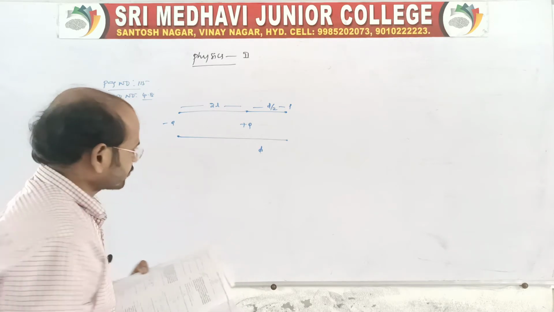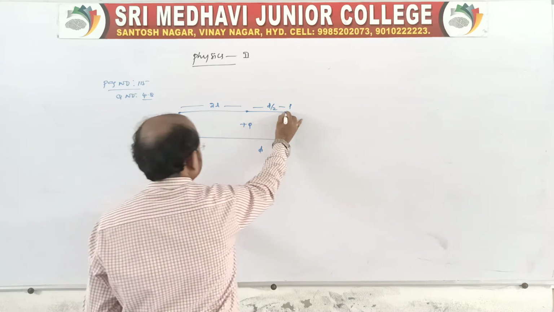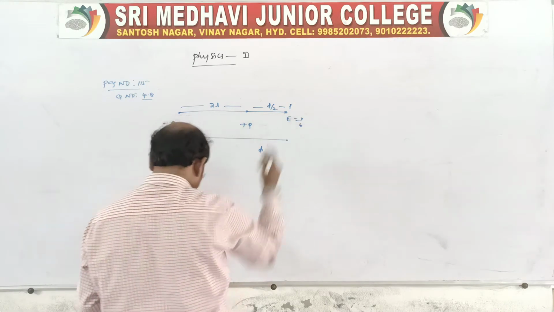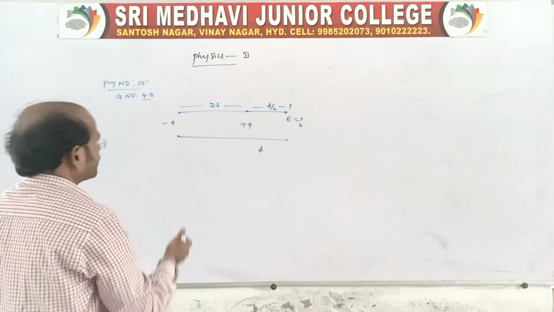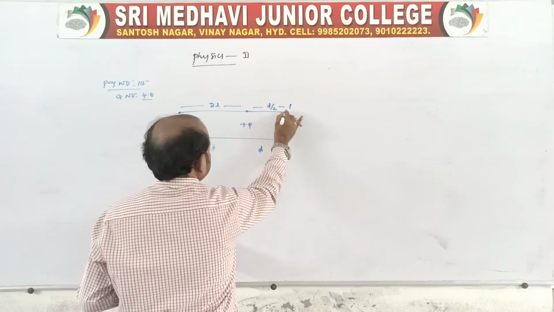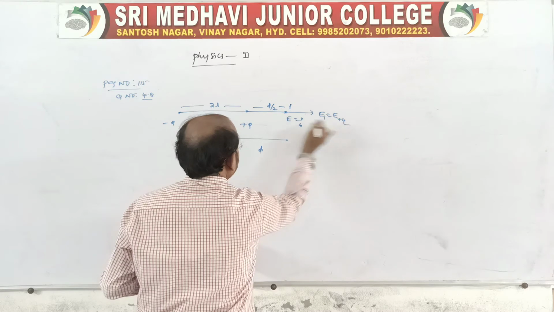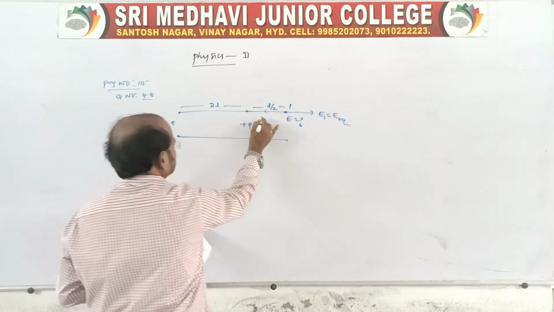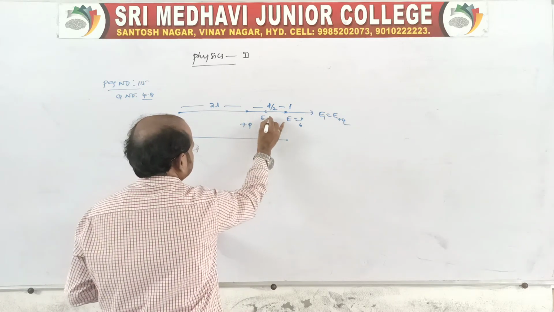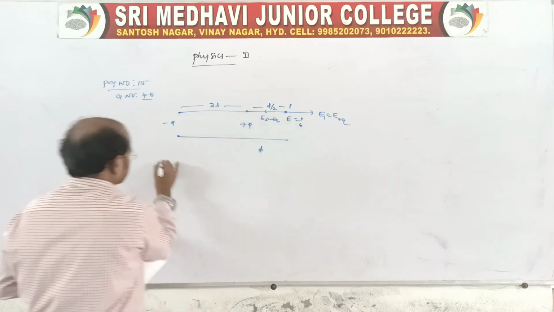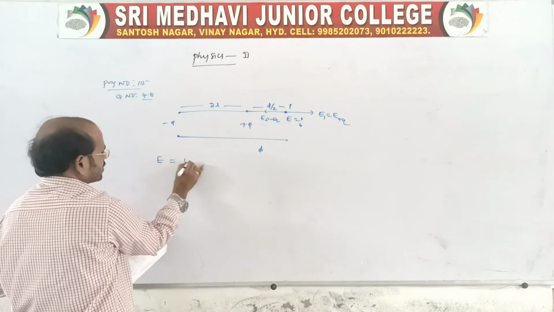It is asking for the electric field intensity at this point. The resultant will be due to the positive charge, that is E1 or E plus q, and due to the minus q, that is E2. The resultant will be E1 plus E2.